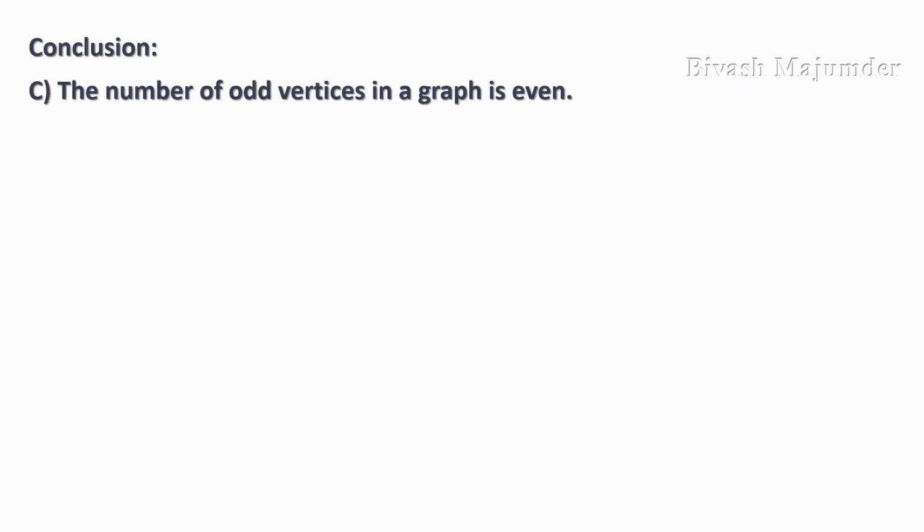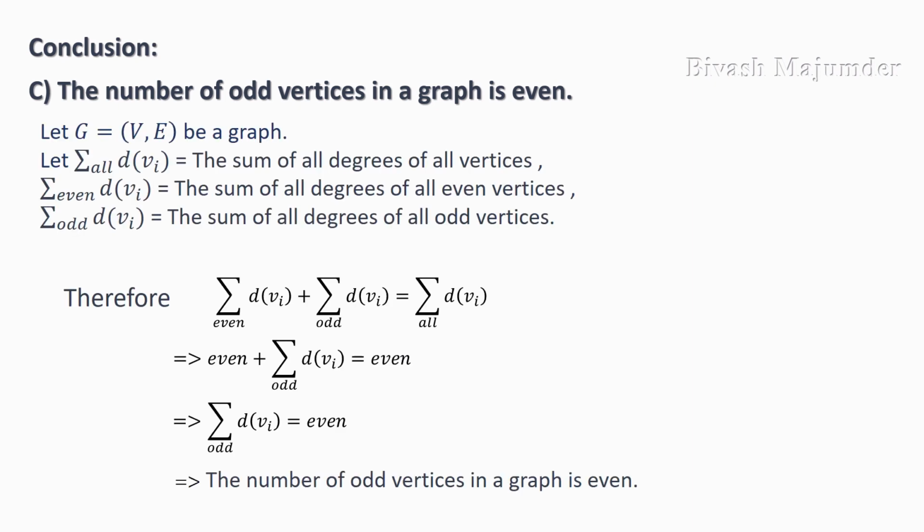Now we can make the conclusion. The number of odd vertices in a graph is even. Let G be a graph. Let summation of all dvi equal the sum of the degrees of all vertices. Summation of even dvi equals the sum of the degrees of all even vertices.